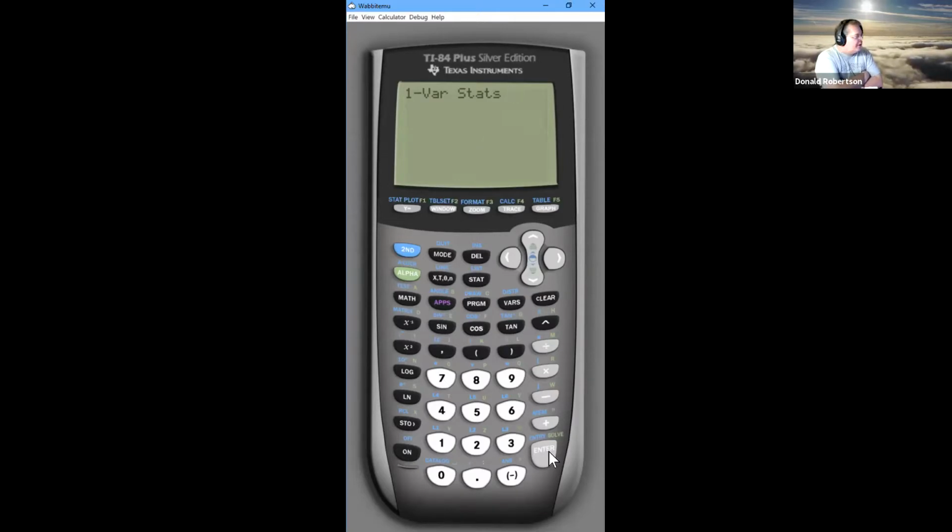On that menu, there's only one important thing, and that is where the data is stored. In my calculator, it was stored in L1. To tell it L1, you hit the blue button, number 1, and that's L1. Blue button, number 1. And when I hit Enter, we get all sorts of things.